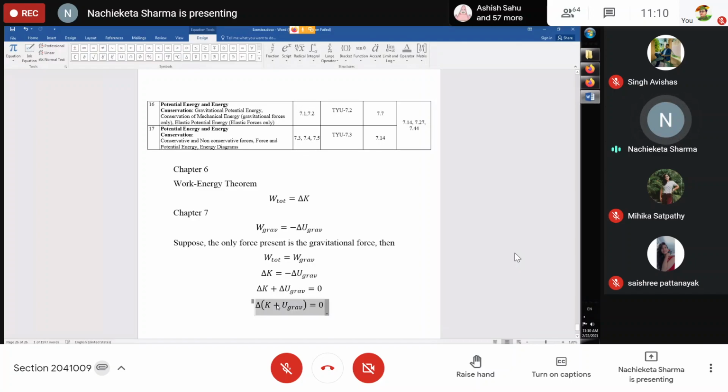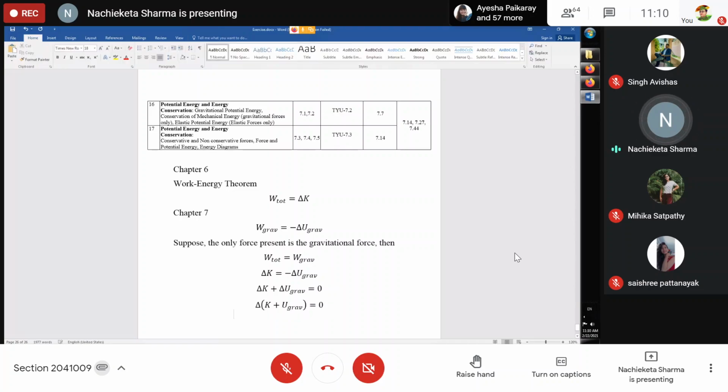This K plus U grav, inside the bracket, is another new thing, and that is what is called the mechanical energy, E, the total mechanical energy. So I can write this equation as delta E is equal to 0.